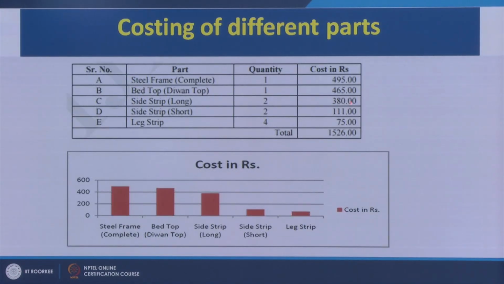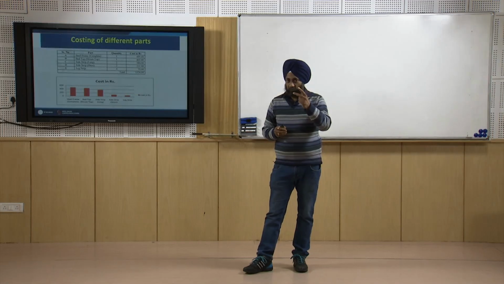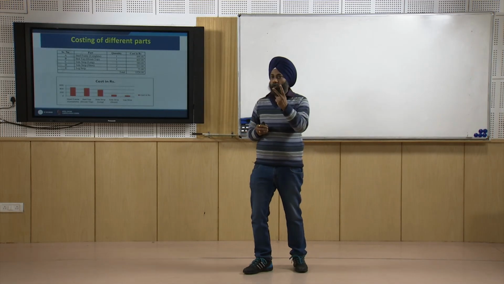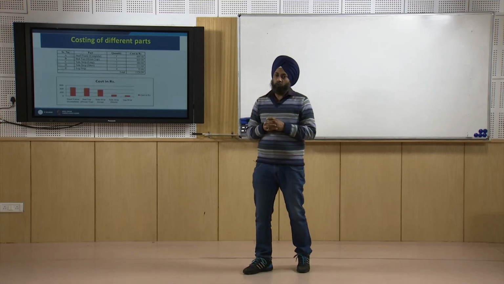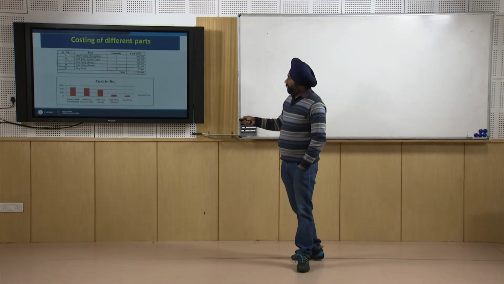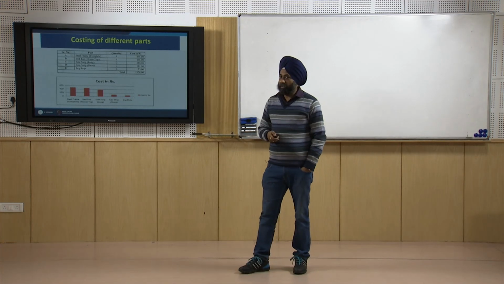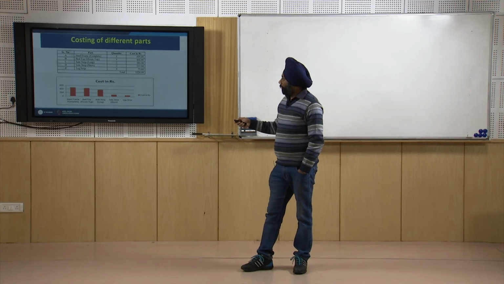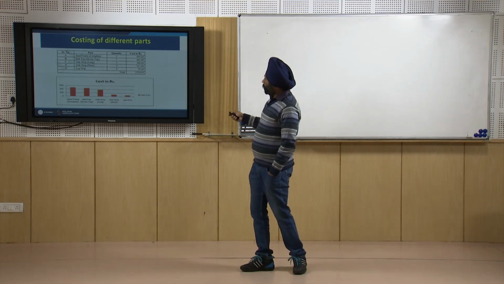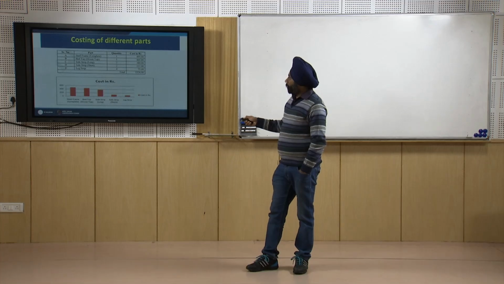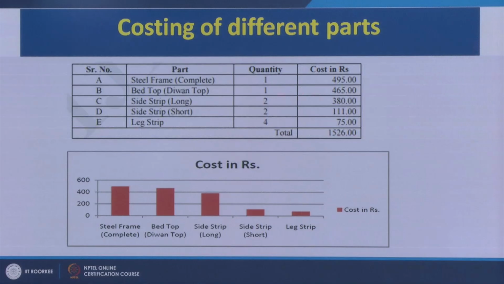Now let us see the cost, because always in value engineering there are 2 important things. One is the function, second thing is the cost, and then we have to map the 2 things together. Now there are 5 components as was shown in the previous slide: steel frame, bed top, side strip short and long both, and leg strip, and the quantities are also given. And cost in rupees, you can see 495 rupees for steel frame, 465 rupees for bed top.